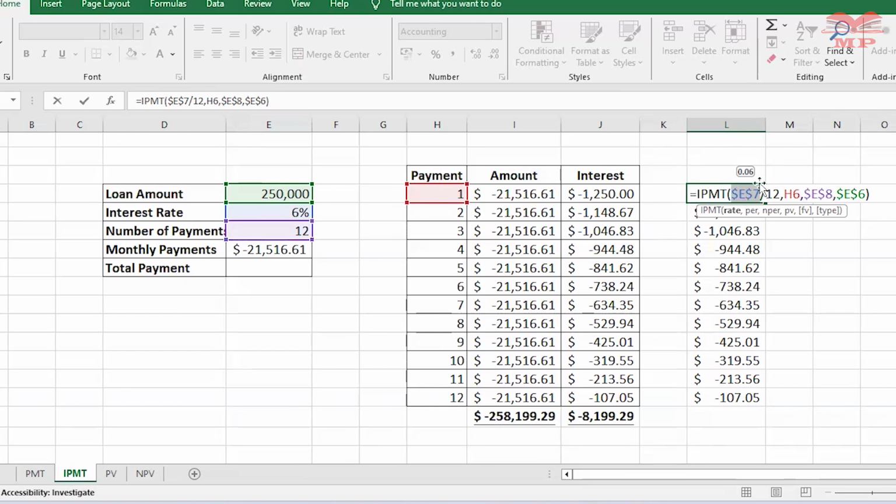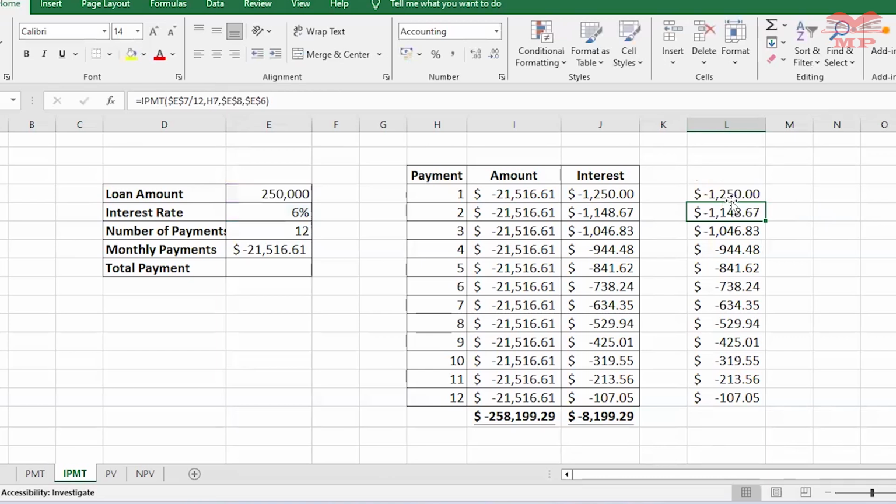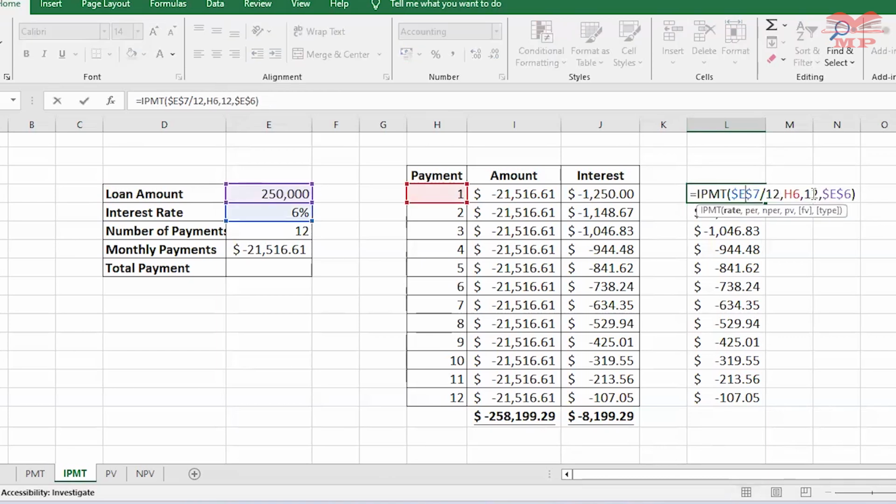So we have fixed this on 6% because we don't want that to change. We have left this open, called a relative reference, because we want that to change. And we have fixed the number of payment periods because we wanted to just refer to these 12. Otherwise, we could type the 12 here to do the same thing, and it would still give me the same answers. But we agreed not to type numbers inside the formula unless it is absolutely necessary.